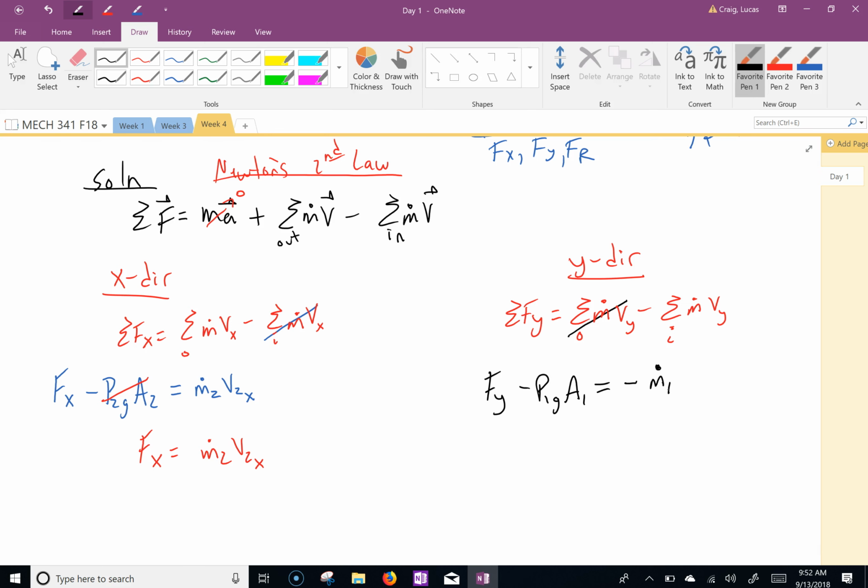V1y. But what direction is that? Negative. It's negative, right? Yeah. So wouldn't it just make a positive? It'd make it a positive, yep. That's good. Okay. So let me just solve for Fy.